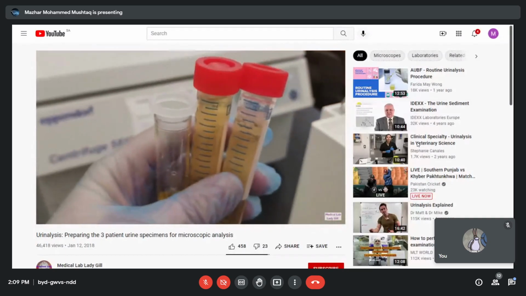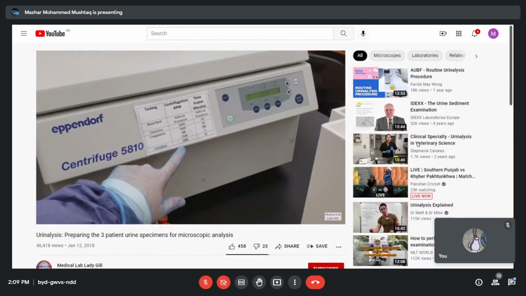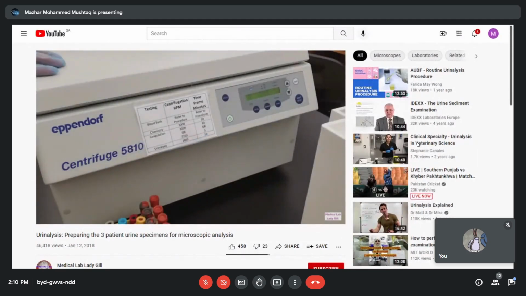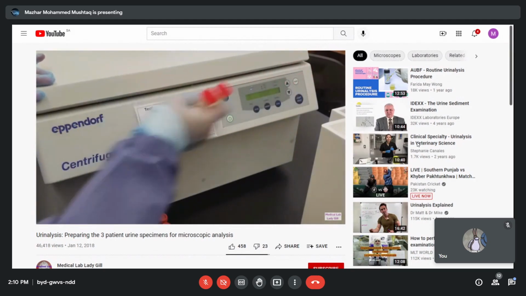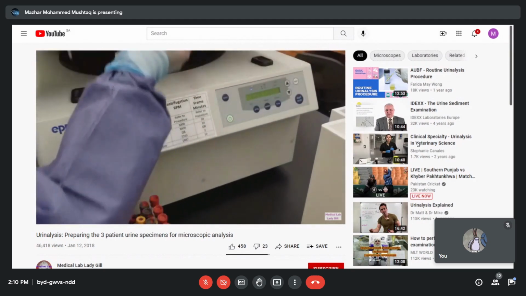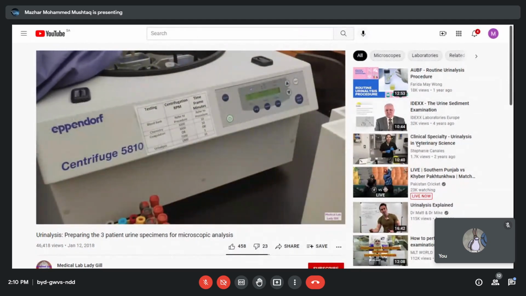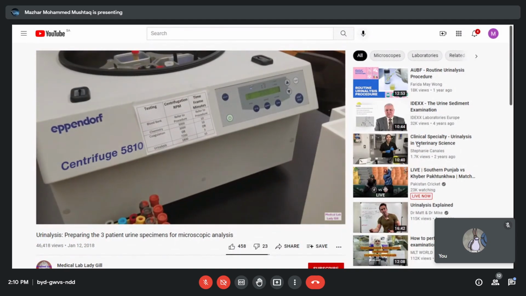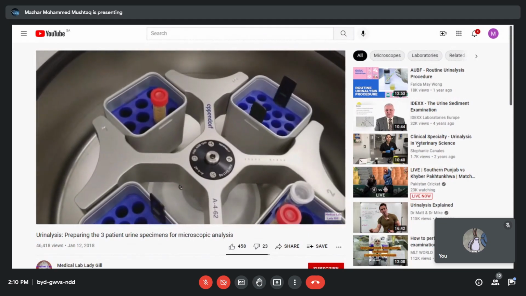We need to make sure that our centrifuge is at the right setting. Here, your analysis is 1800 for 10 minutes. I'm putting them in first, and then you want to balance the centrifuge. Put them into the big buckets, not the little ones for the blood tube.